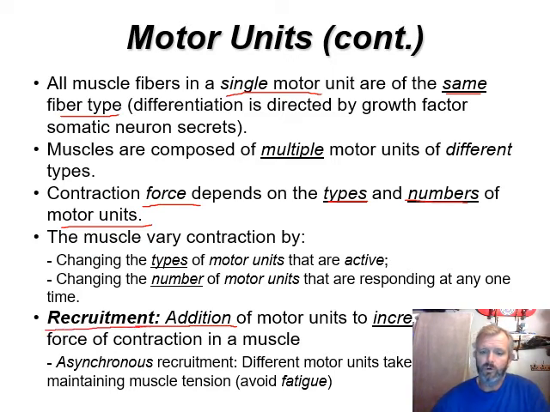I'm recruiting more motor units to activate, and therefore I get greater force of contraction because there are more muscle fibers contracting. So that is one way in which we can change the force. We can get a graded force produced in our whole muscles.